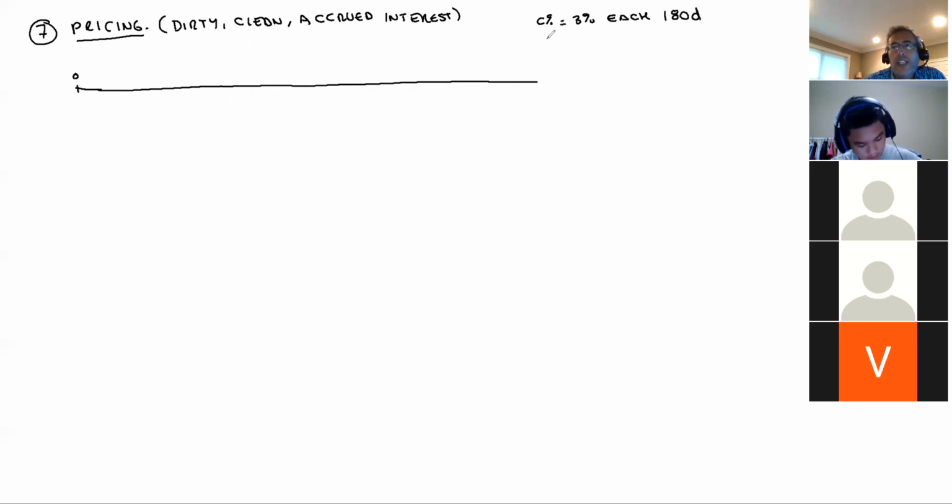Let's assume that the face value equals $10,000. Let's assume, guys, that the yield to maturity equals, let's do something simple, 3%.